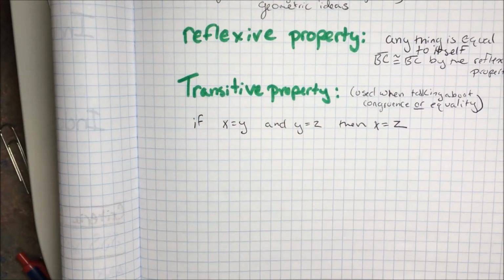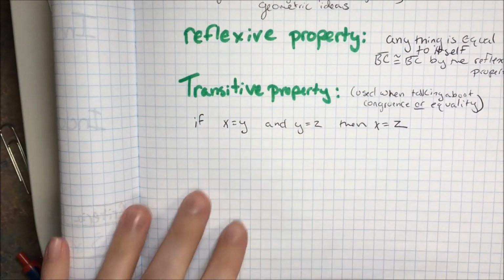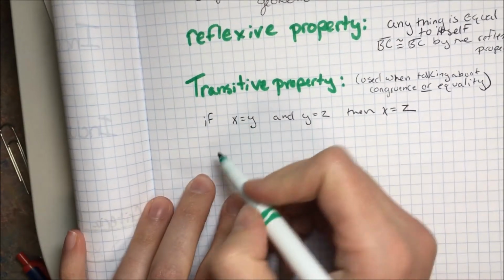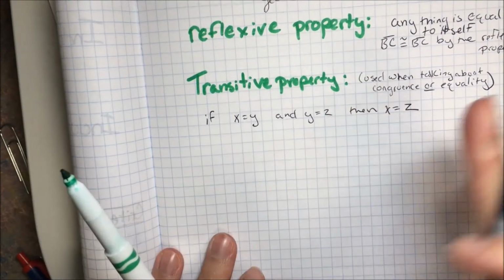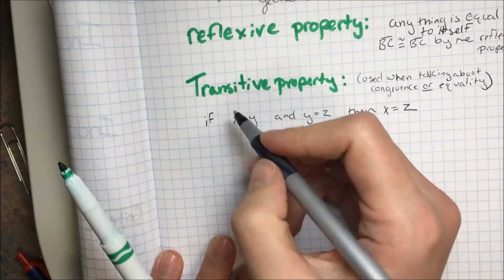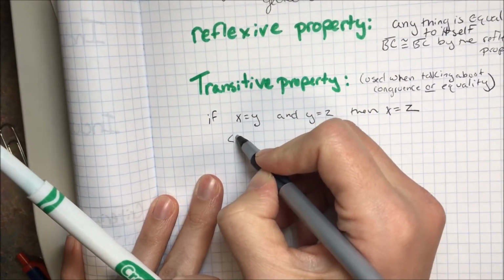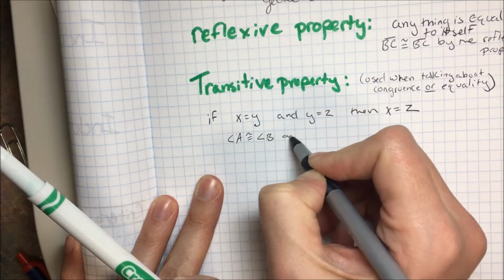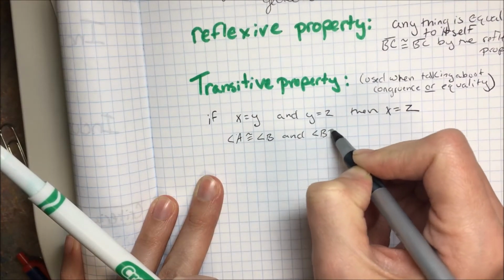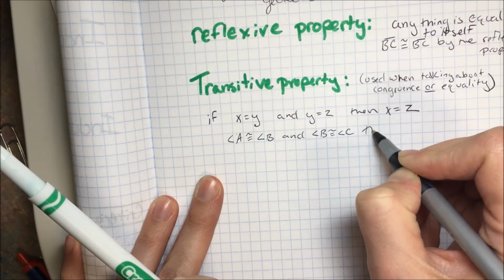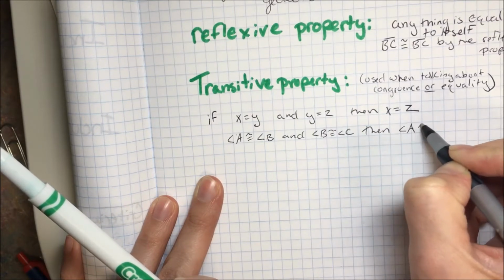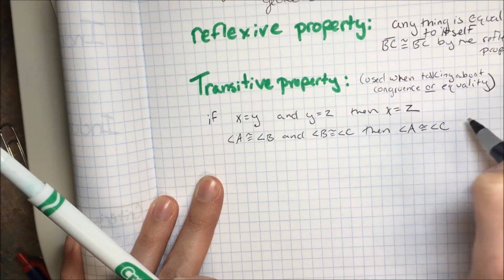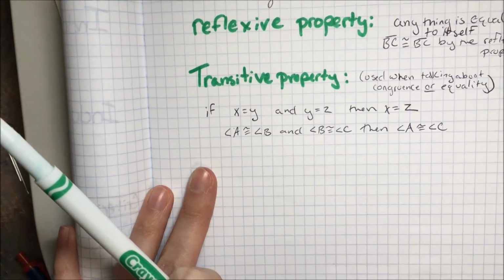We can also use substitution to do the same thing, but the reason why we can't use substitution all the time is because if I was talking about angles, say angle A is congruent to angle B and angle B is congruent to angle C, then angle A is congruent to angle C by the transitive property.